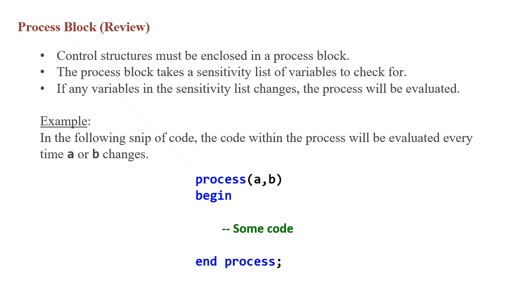The process block typically has a sensitivity list. These are usually input ports to the design or signals within your design, such that the process is only sensitive to these, meaning the process will not be evaluated or updated unless one of the inputs or signals mentioned within the process block sensitivity list change. So in this particular example, the process will only be evaluated when A or B, or both, of course, change.